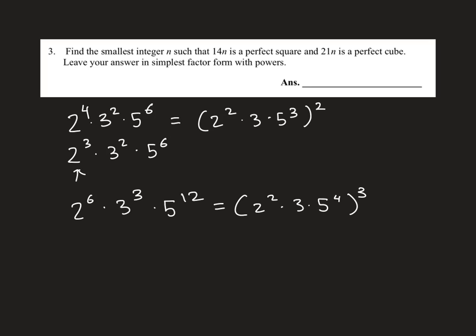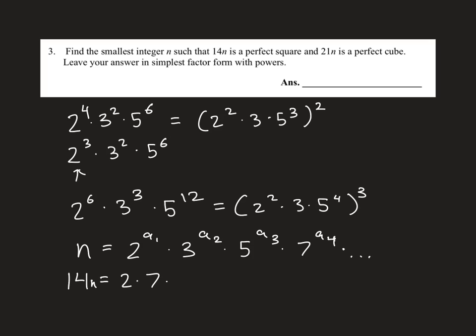Well, if you write n as its prime factorization, so for example 2 to the a1 times 3 to the a2 times 5 to the a3 times 7 to the a4, and so on, then 14n is just 2 times 7 times n.